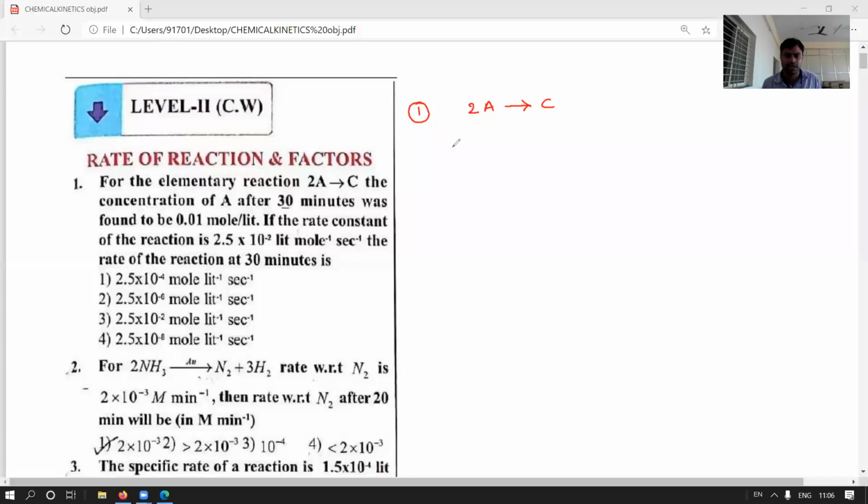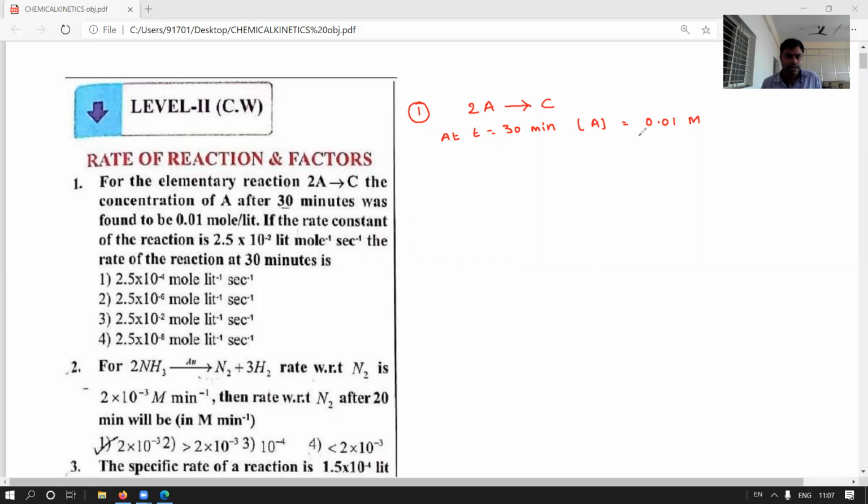The concentration of A after 30 minutes, at t equals 30 minutes, concentration of A is equal to 0.01 molar. Mole per liter means 0.01 molar.